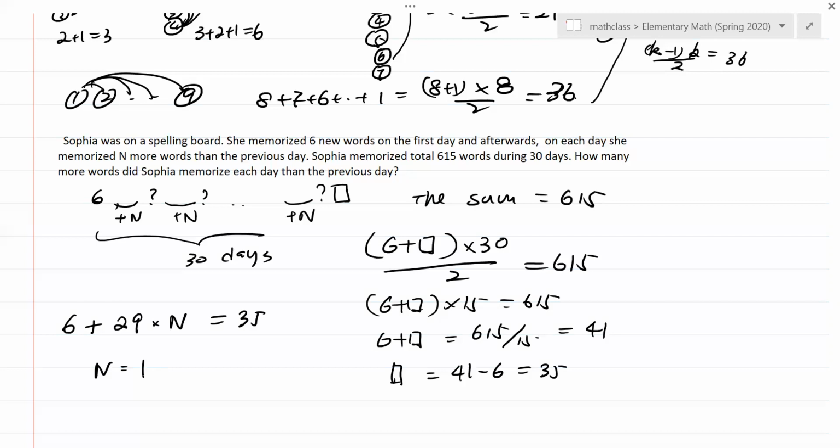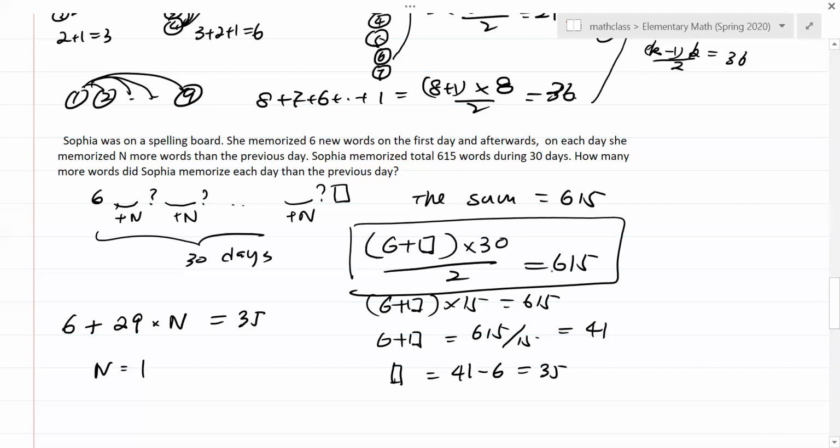So let me break the problem into 2 problems. Begin with 6 words at the beginning. Every time you memorize a certain fixed number of words more than before. And the total number of words you memorize is 615. How to figure out the number of words on the 30th day? This is a formula: the sum of the first day and the last day multiplied by the number of days, divided by 2, is equal to 615.